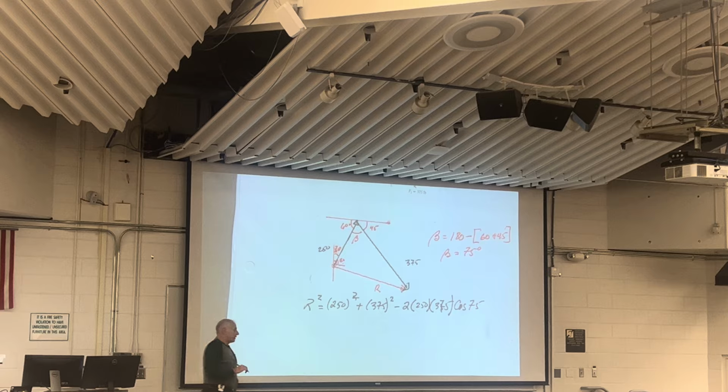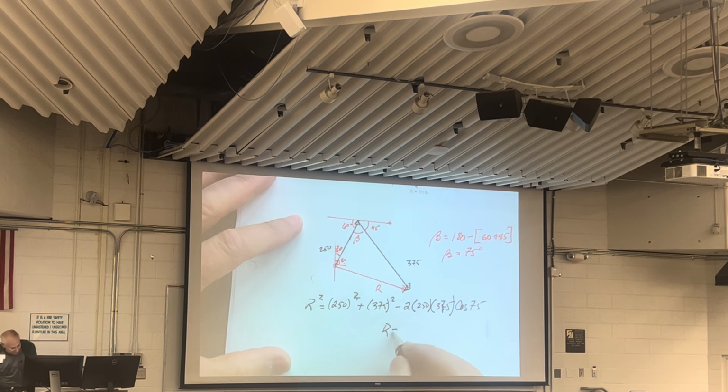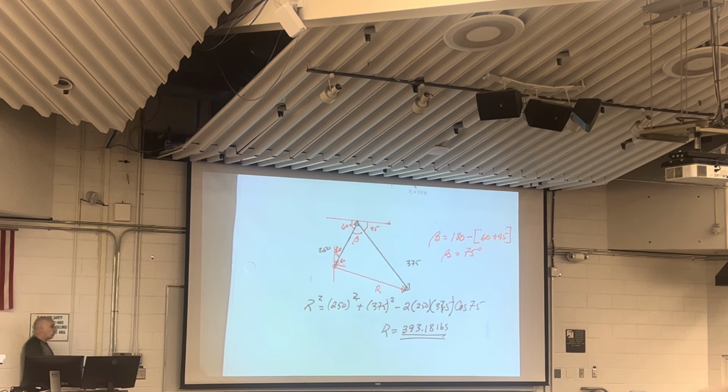Now you whip out your calculator and solve that. If you do, you're going to find that r is equal to 393.18 pounds. But that's only half of the story.